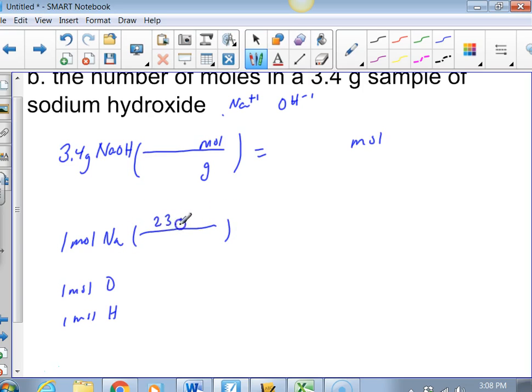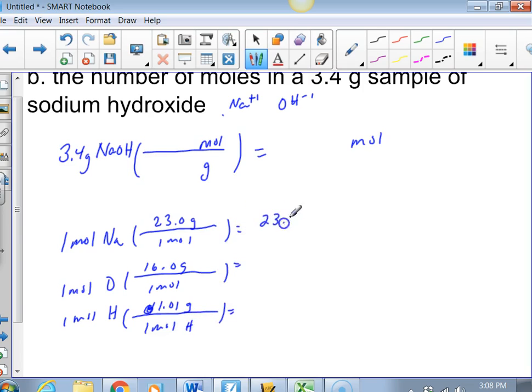It's 23 grams for every 1 mole of sodium. 16 grams for every 1 mole of oxygen, and then there's 1.01 grams for every 1 mole of hydrogen. This gives us 23 grams sodium, 16 grams oxygen, and 1.01 grams of hydrogen.